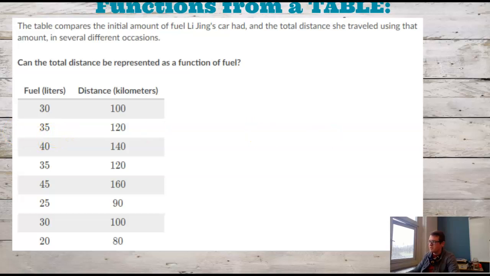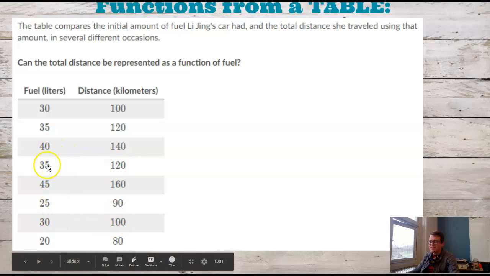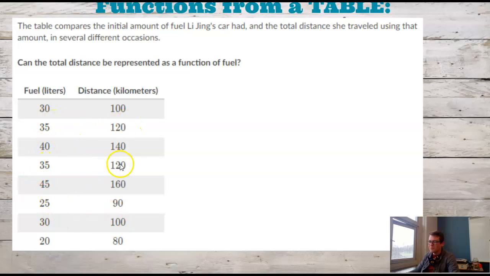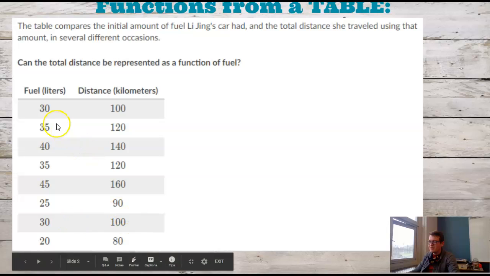Can you remember if this is or is not a function and tell me why? Isn't this one a function because every single input only has one output, whereas on the other chart, some of them have different outputs? Yeah, so anytime we see 35, it maps up to 120. Anytime we see 30, it maps up to 100.